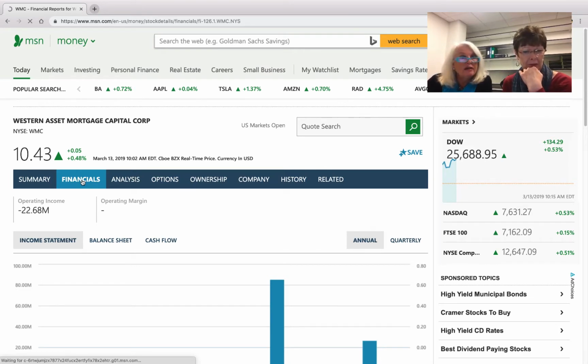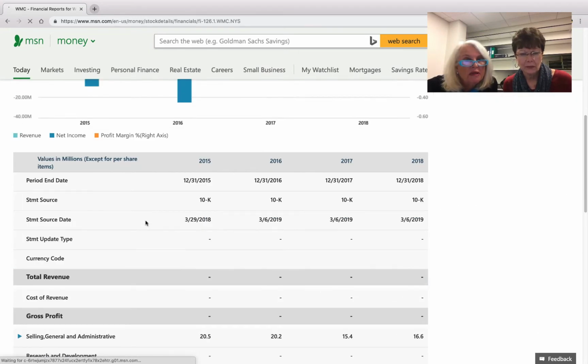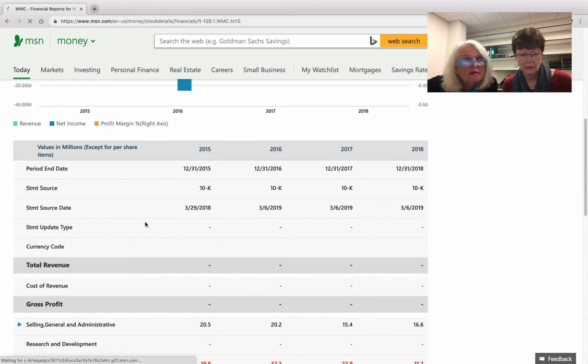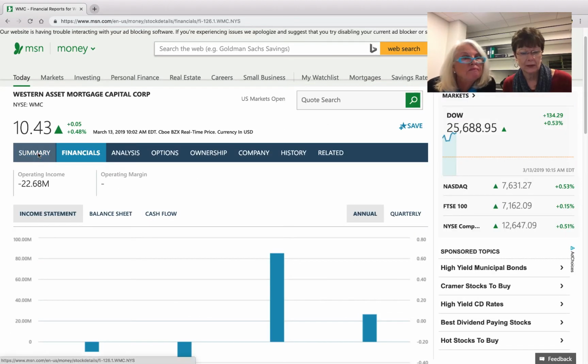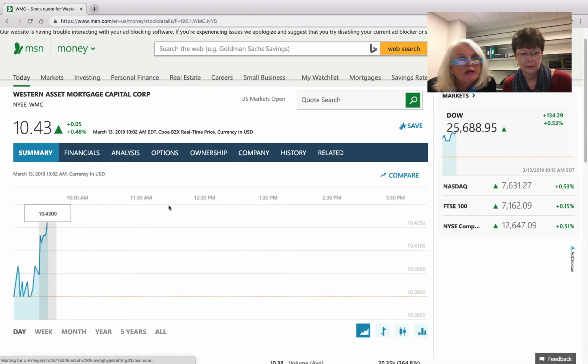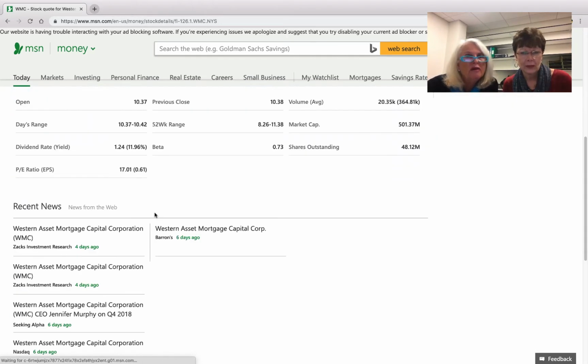So now we have to look at the dollar amount of the dividend, which should be on this page right here. Maybe not there. Nope, I think we have to go to summary. Yes, there it will be. And then it shows a chart as well of the price, the share price. If you can go down, it should show us the dollar amount of the dividend. Dividend, $1.24.